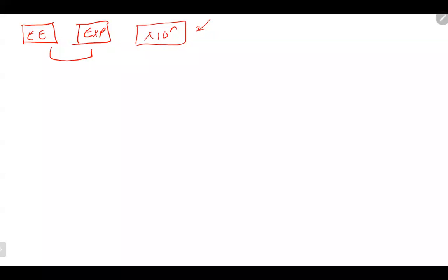So let's say we wanted to put into our calculator a number like we had there a second ago, 1.25 times maybe 10 to the minus 3. The first thing that you would want to do is go 1.25. Then you actually would want to hit your exponent button, either your EE button or your EXP button.